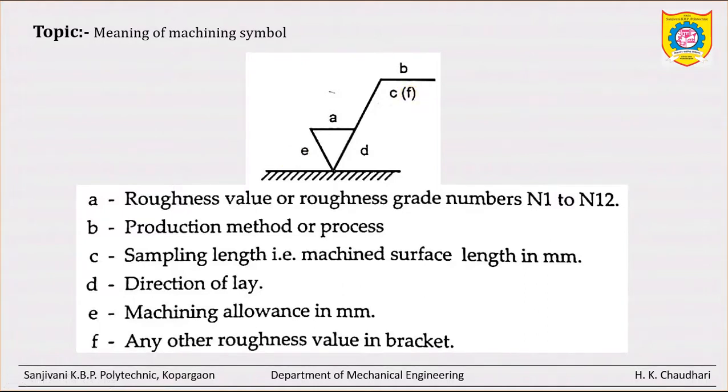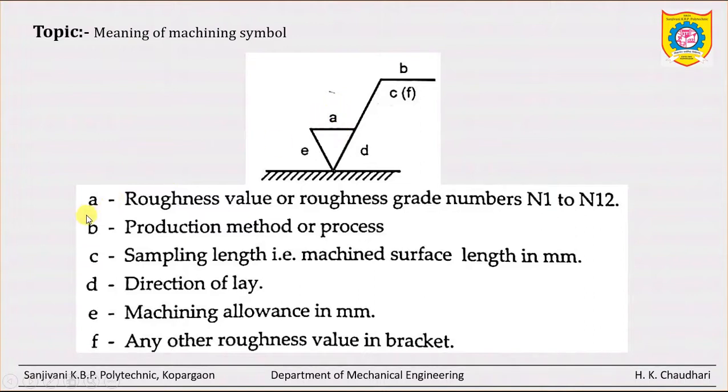So what is exactly the meaning of these alphabets A, B, C, D? See, the position is very important here. At this A, sometimes it is written A1 and A2. A1 and A2 mean the upper and lower limit of the roughness value.